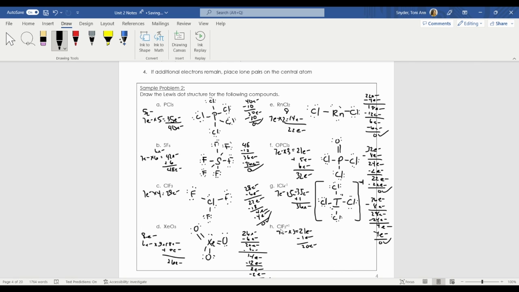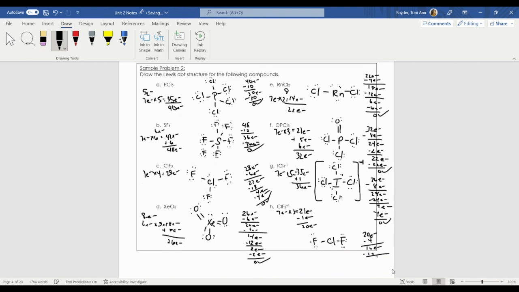So least electronegative goes in the middle. That's chlorine. Tack on those fluorines. 1, 2, 3, 4. Got 16 electrons to place. Let's fill up these outsides. 2, 4, 6, 8, 10, 12.